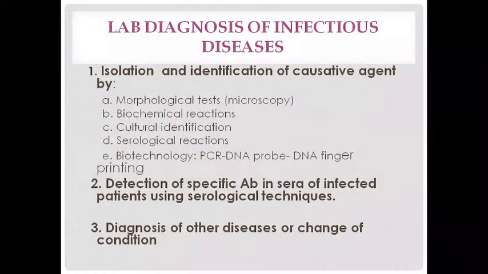So in terms of detection of specific antibodies in sera of infected patients, using these techniques, there are specific kits that you find available. For example, if I need to detect antibodies against HIV, I look at different HIV kits that are on the market.